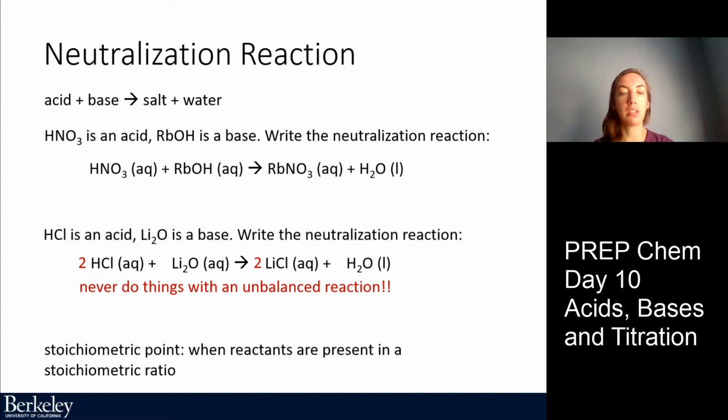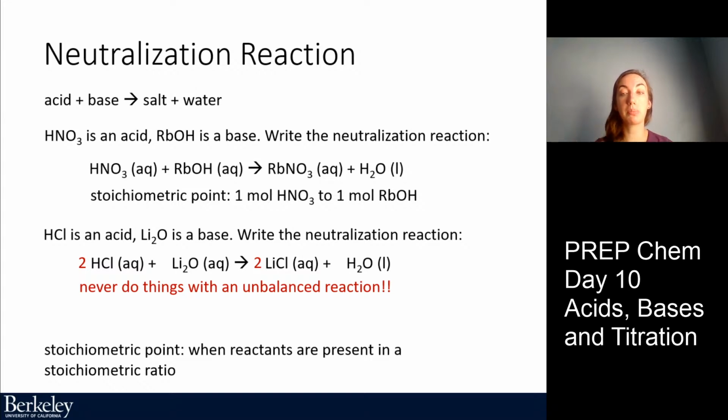Okay, so our stoichiometric point will be when our reactants are present in a stoichiometric ratio. That is equivalent to neither of them being in excess. Looking at our first reaction, we have a stoichiometric coefficient of 1 in front of HNO3 and RbOH.